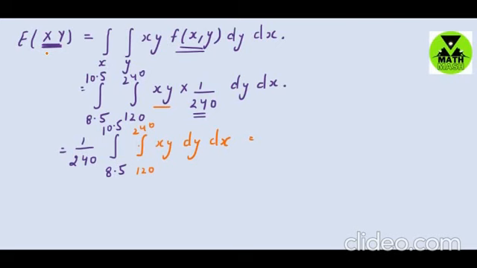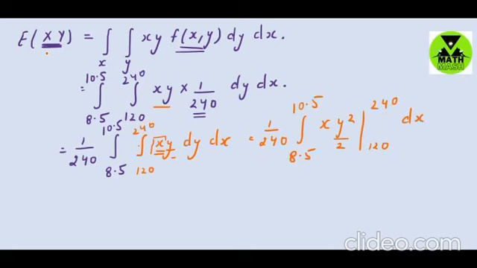Because we are integrating with respect to y, treat x as a constant, so write x as it is. The integration of y with respect to y is y squared by 2. Take the limits of y as 120 to 240 and then integrate with respect to x.